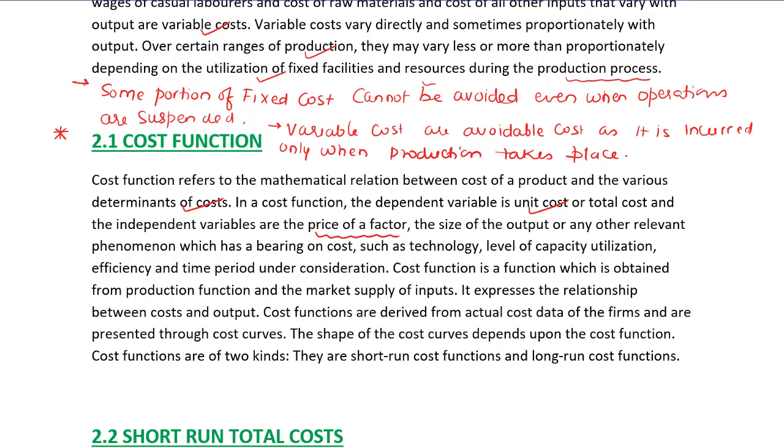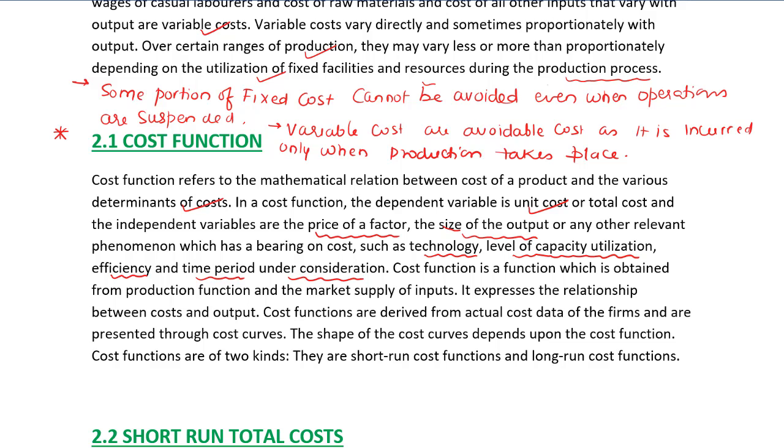Price of the factor is independent variable, it is uncontrollable. The size of the output or any other relevant phenomena which has a bearing on cost, such as technology, the level of capacity utilization, efficiency, time period under consideration.